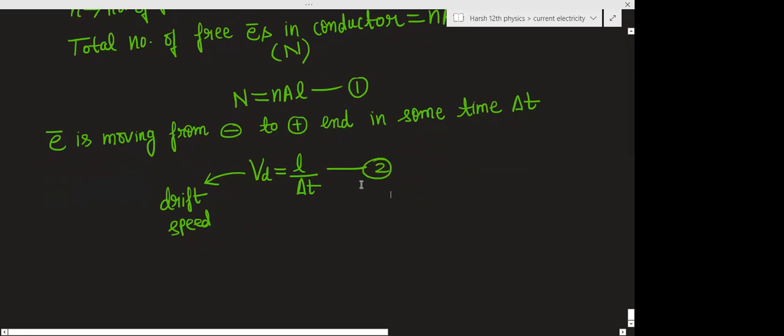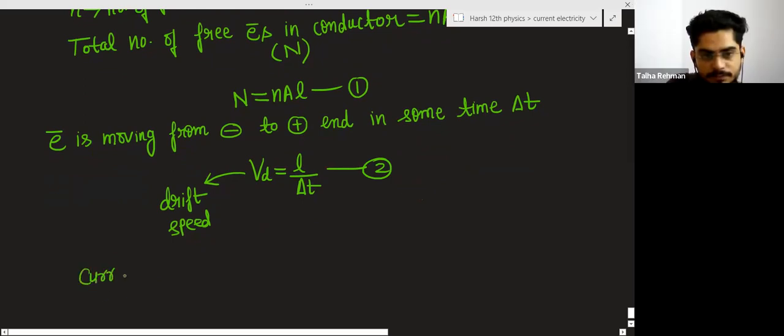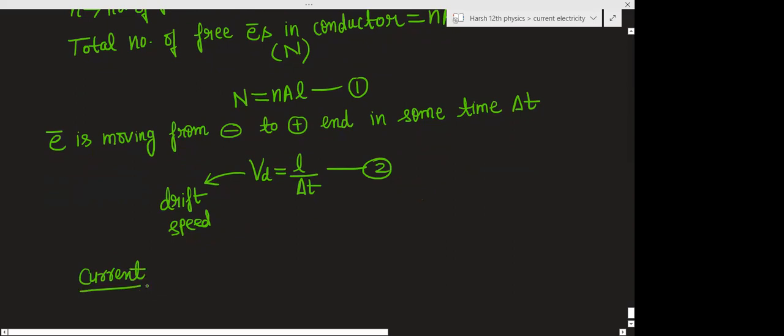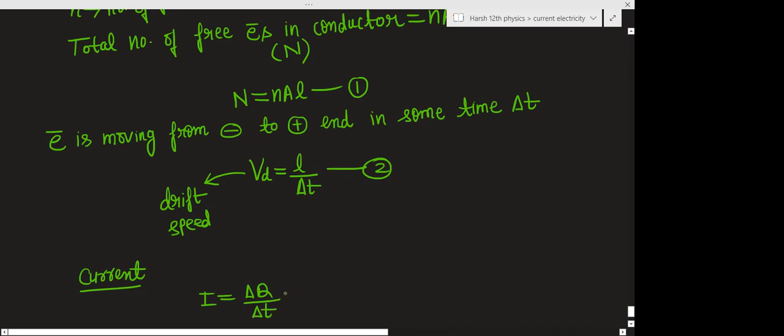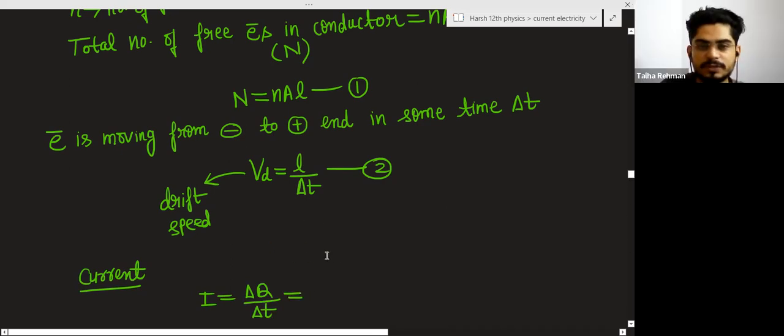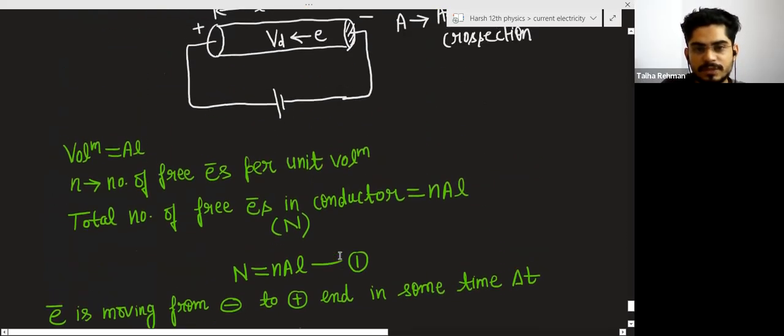If we want to find the current, we know that current is equal to charge divided by time. What is the charge flowing?